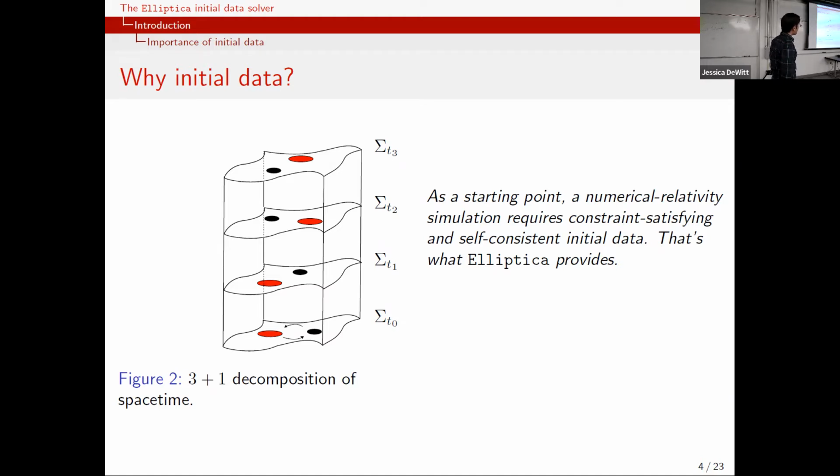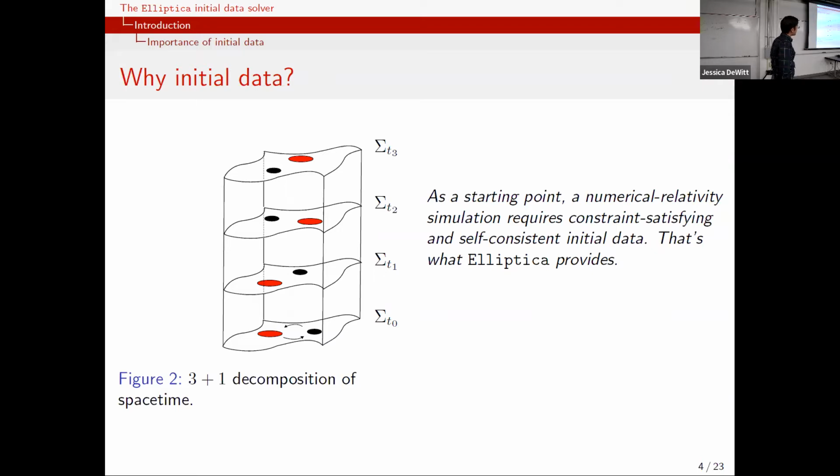What we do is take one snapshot of all of the fields that we have at, let's say, Sigma T0, and then we give this data to a time integrator, to some evolution code, and we march through time. This is generally the way that we do numerical relativity simulation.